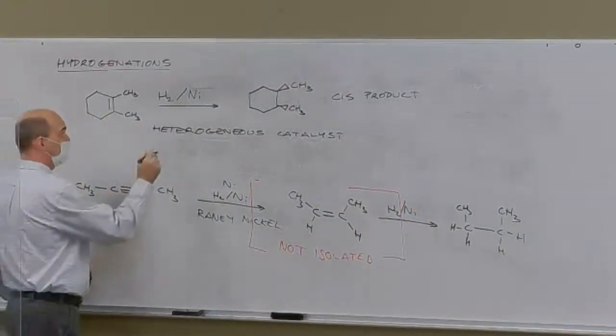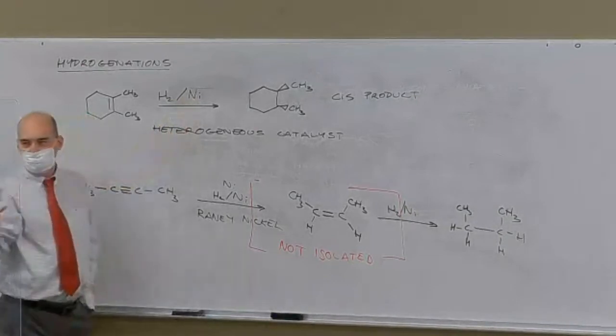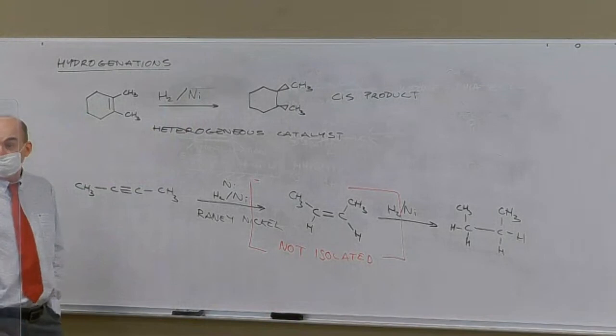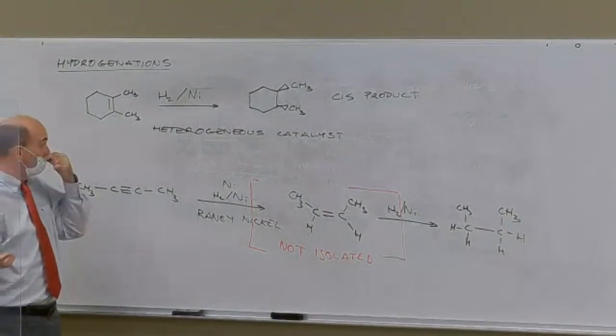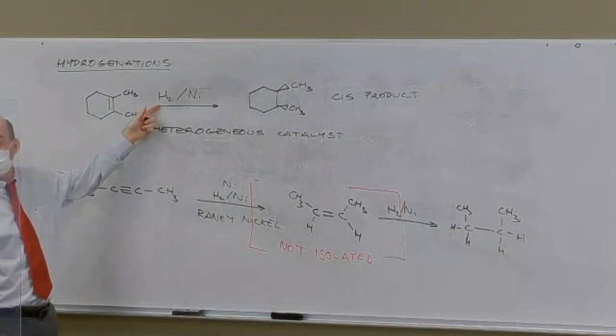Nickel. So nickel's a metal, and you buy a piece of metal, and then you grind it down to powder. And then you just put it in the presence of hydrogen gas, and the hydrogen adsorbs to the surface. So now you have something that is really kind of dangerous, because hydrogen is flammable, explosive.